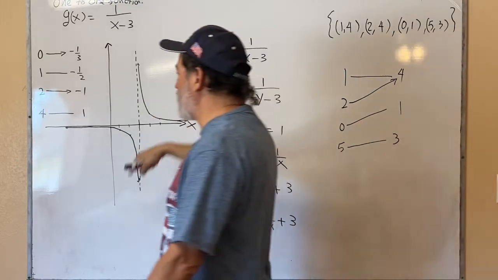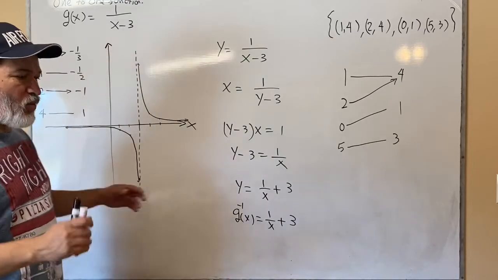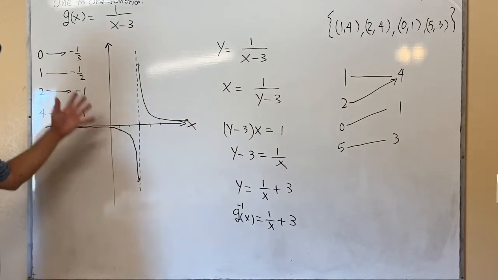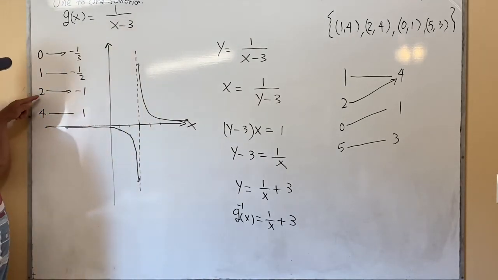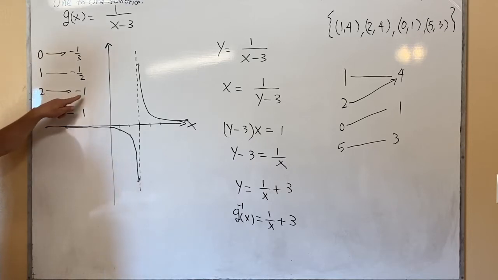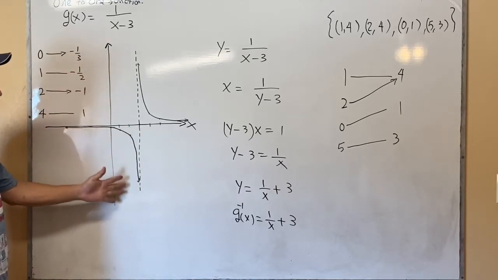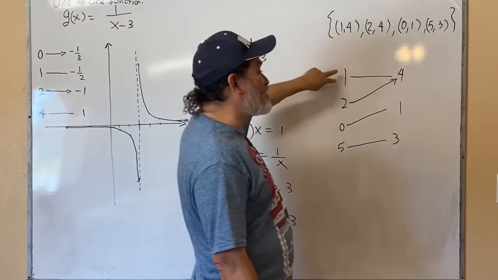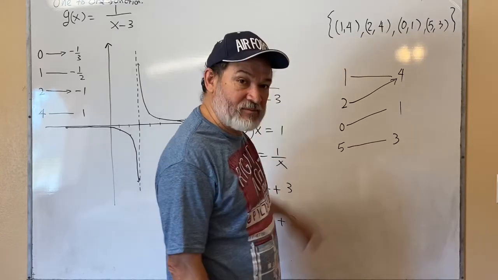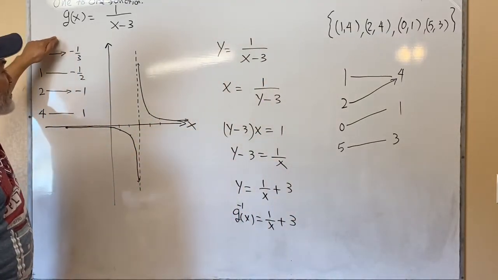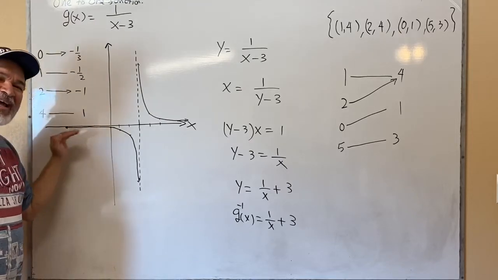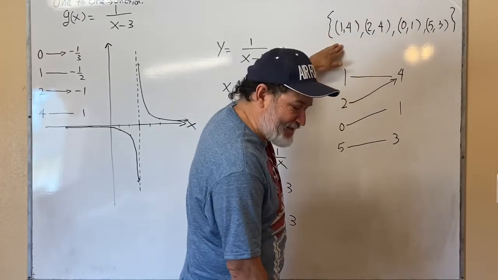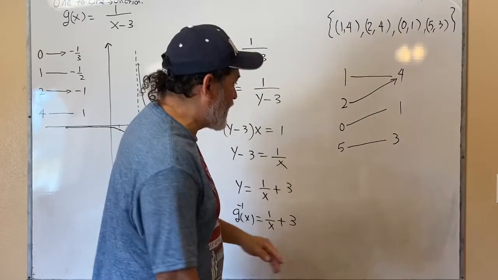The earlier function is one-to-one. It has an inverse. Here, every x value is paired with only one y value. That's why we call this a one-to-one function. One-to-one functions pass the horizontal line test. This does not pass the horizontal line test because it's not one-to-one.